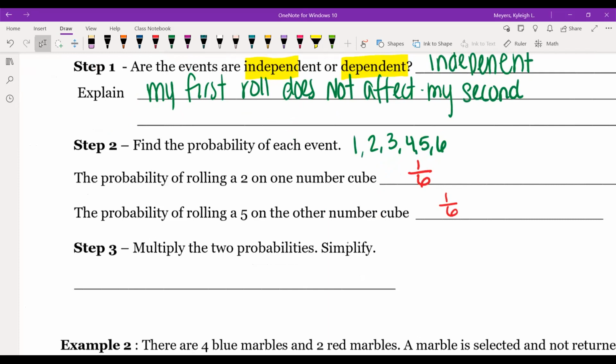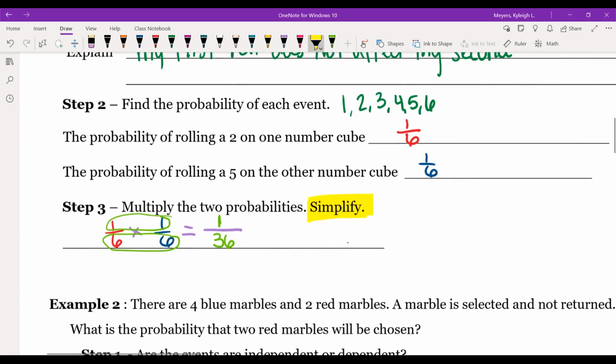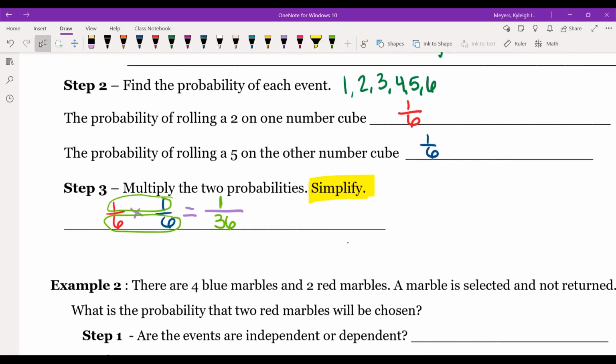So now we're going to multiply these two probabilities together, the probability of the first event and the probability of the second event. You could type that into your calculator, or with fractions, we multiply straight across. 1 times 1 is 1, 6 times 6 is 36. And then here's the big thing: we need to simplify if you can. You can't simplify that, so it stays that way.